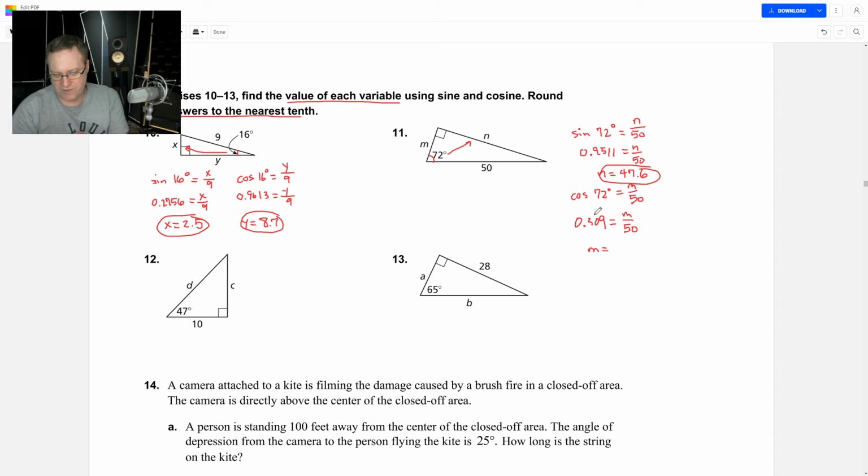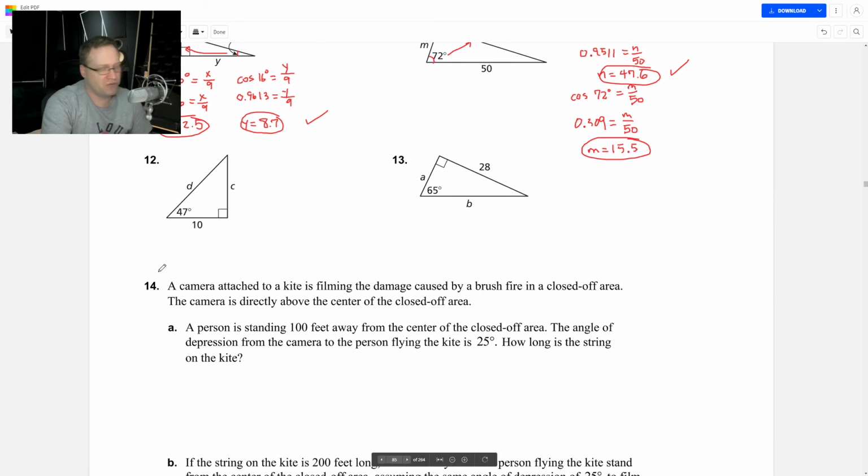So 50 times that, and we get 15.45..., which means it's going to be 15.5 rounded to the nearest tenth. So these are our answers for number 11.